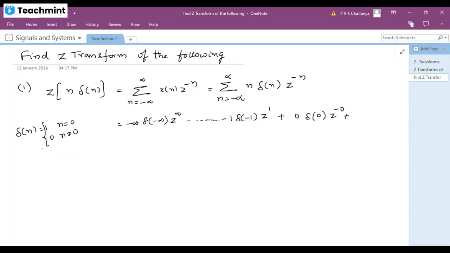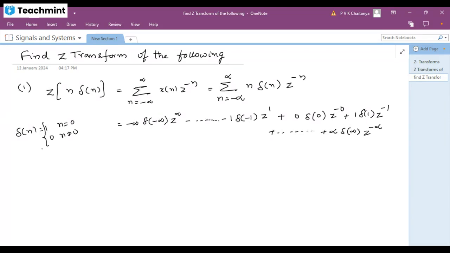If n is equal to 1, 1 into del of 1 into z power minus 1, plus and so on till, if n is equal to infinity, infinity into del of infinity into z power minus infinity.